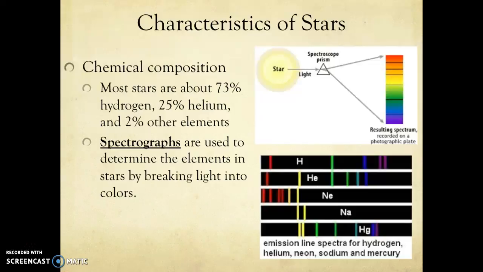It breaks down the different lights, different colors that are there. And each element has a different spectra. It has a different set of colors that it gives off. So scientists can use that to figure out what sort of elements are in particular stars.